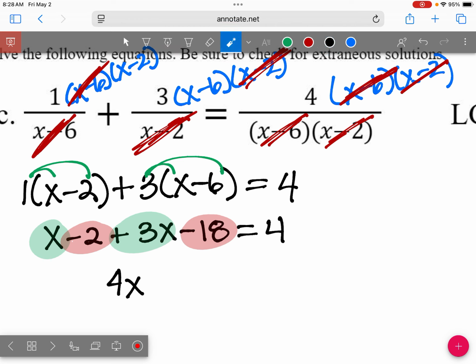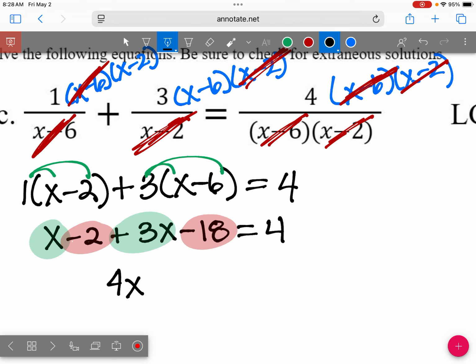Now you can use your calculator. Go ahead and add those two numbers that you see highlighted in pink. Negative 2 plus negative 18. All right, so you should get negative 20.